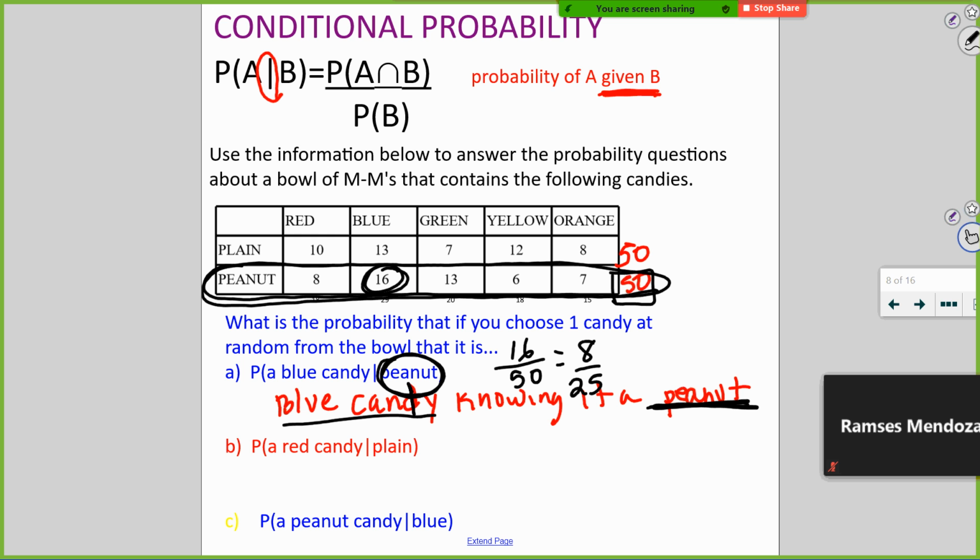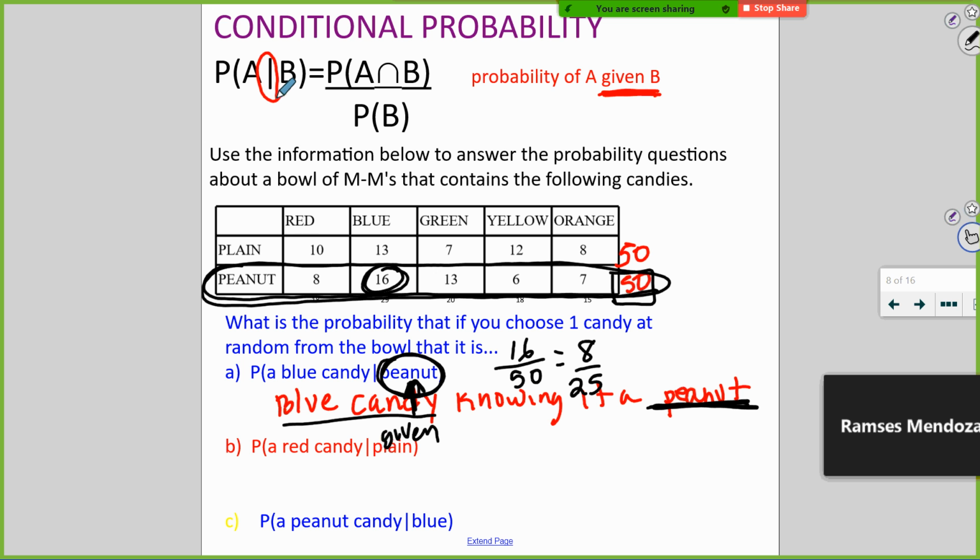So whatever comes second, that's the given part, and that's what you're going to concentrate on, right? So I'm just concentrating on the peanut M&Ms. And I'm going to say, okay, how many of those are blue? 16 out of 50. Okay, 16 out of 50. Is that okay? Ramsey, is the 50 denominator okay rather than the 100?